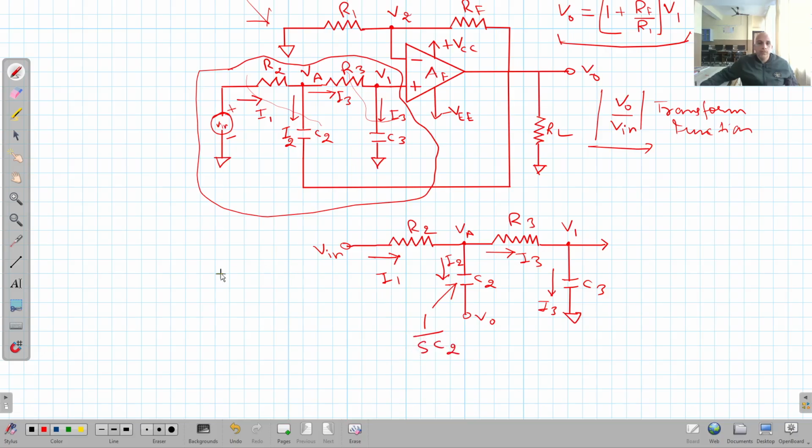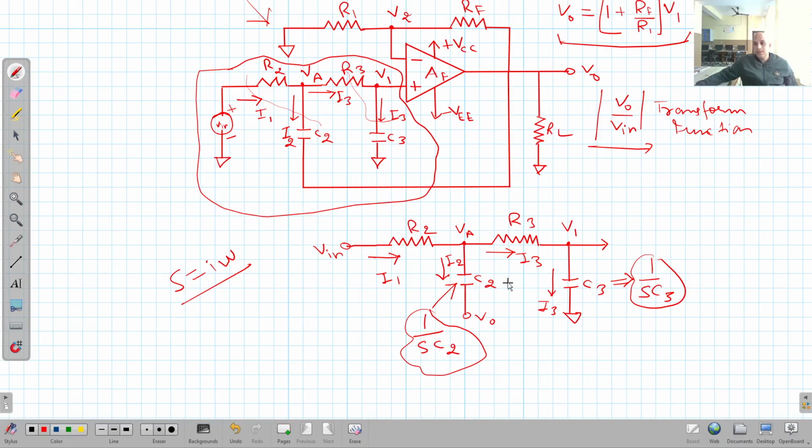S is equal to iota omega. Clear? Omega is 2 pi F. So it will become capacitive reactance for this. Capacitive reactance means the opposition offered by this capacitor to the flow of current through it. Similarly, for it, it will be 1 upon SC3. Clear? So this term and this term basically represent the reactance, right?